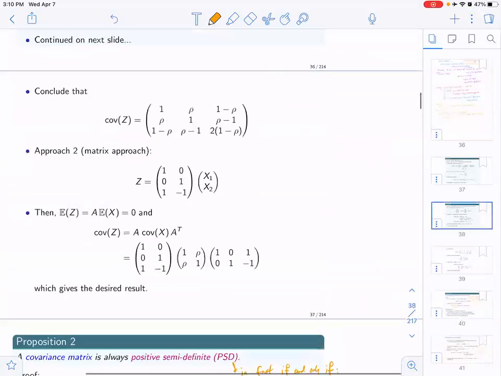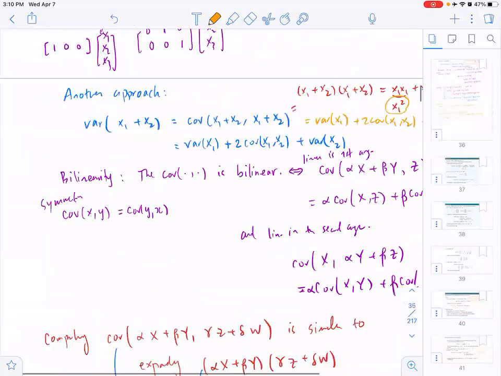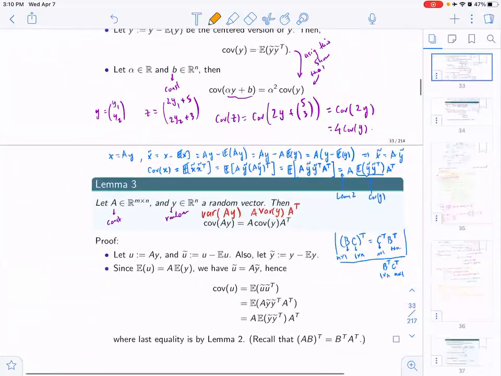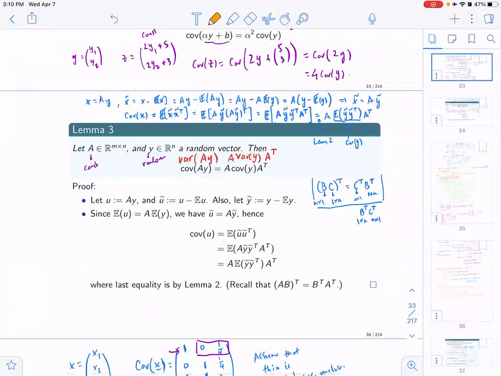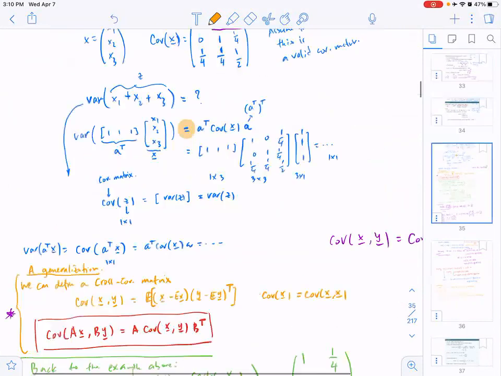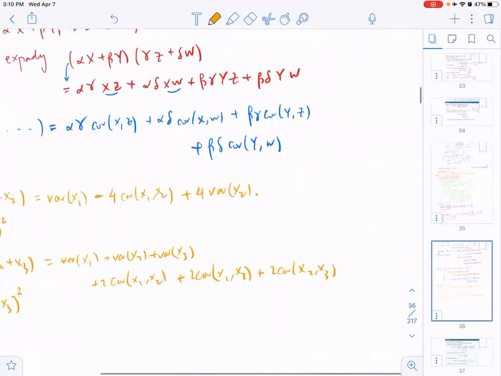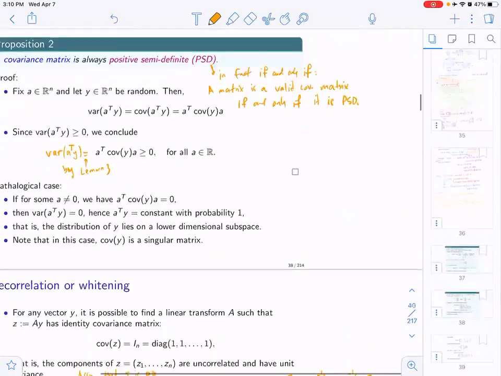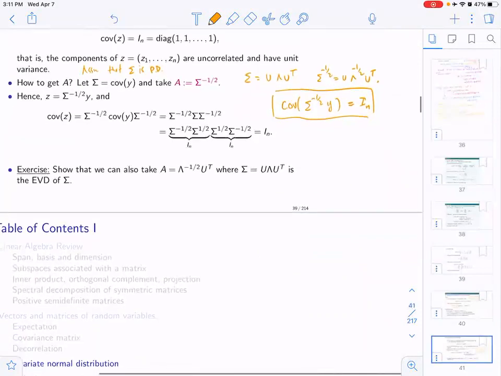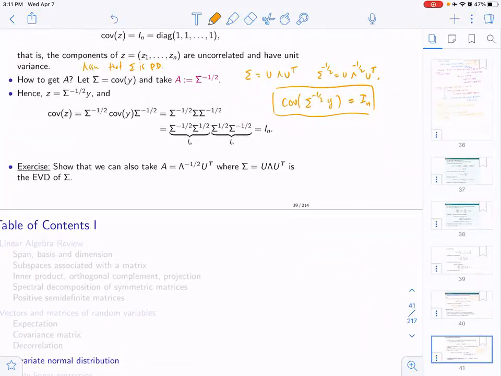This is an application of lemma 3 again, this important lemma that we had. So you apply it with sigma minus 1/2, and then use the properties of the inverse and the square root to conclude that the result is the identity. So I'd say you should try this to show it yourself, and then if not, take a look at the proof and the discussion in the lecture videos.